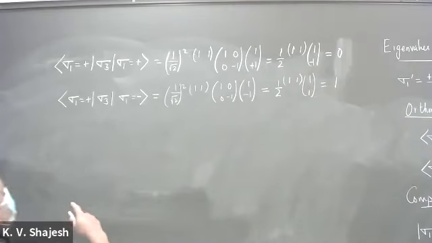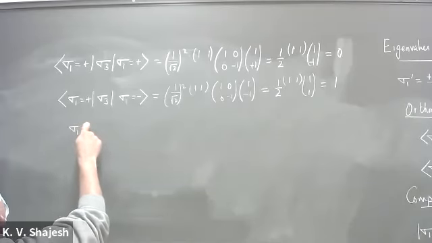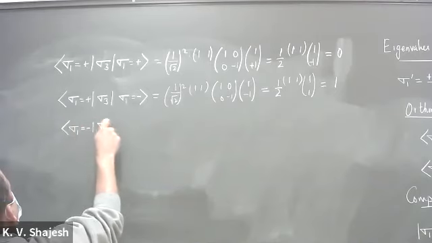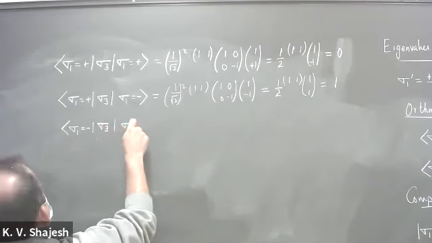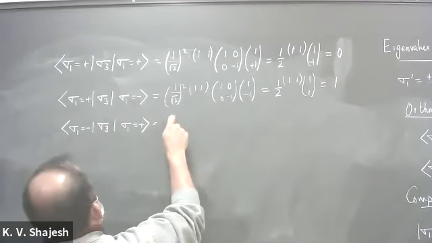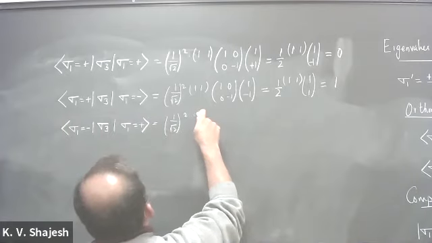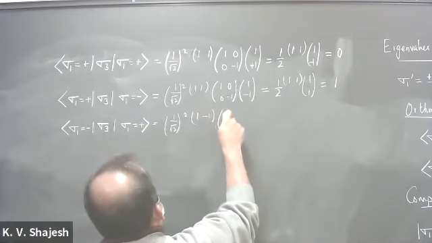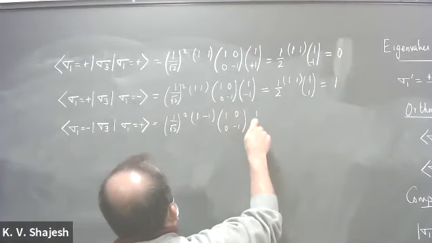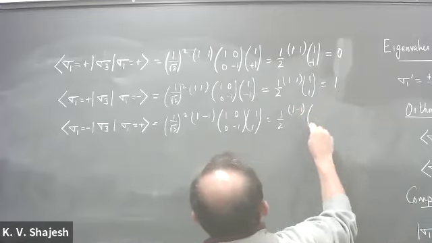What about sigma 1 is equal to minus 1, sigma 3, sigma 1 is equal to plus. That's the next one here, so that's 1 over root 2 squared. Sigma 1 minus, right? So this is 1 minus 1.